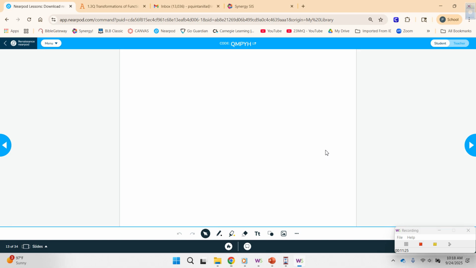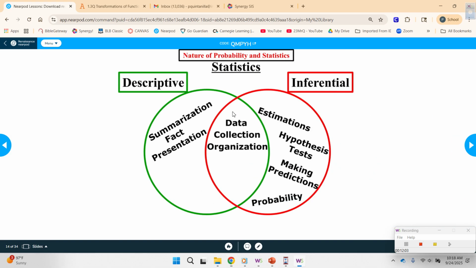Hurry up. 10, 9, 8, 7, 6, 5, 4, 3, 2, 1. Thank you. Let's see how well you did. Who wrote facts? Who wrote estimations or predictions? Yes. Move on. Next one.